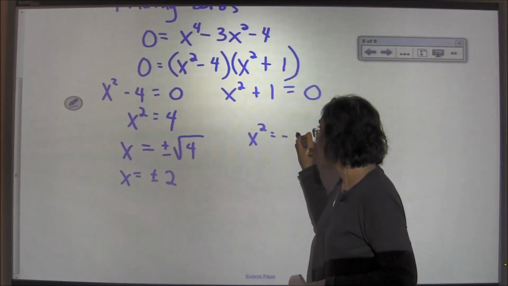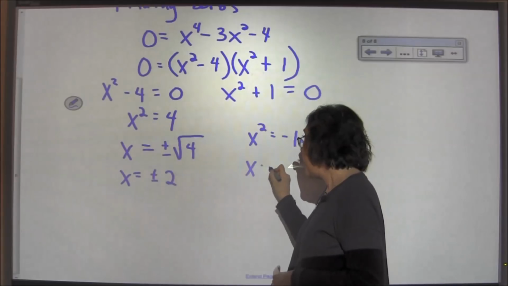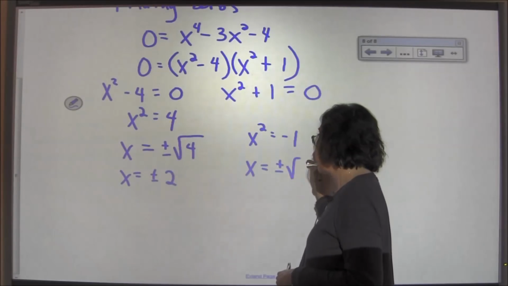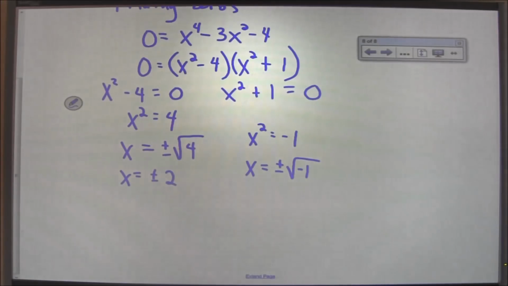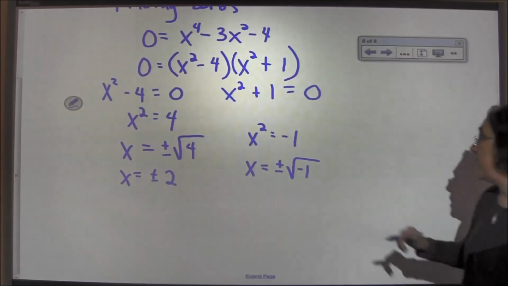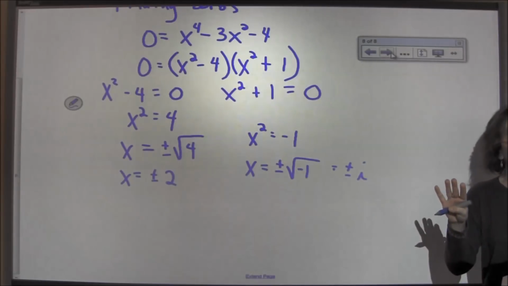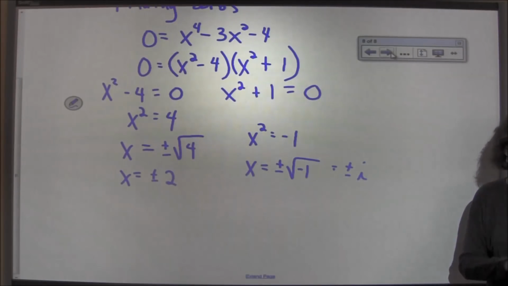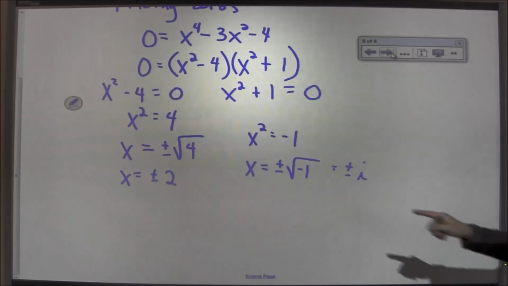If I subtract 1, I get x squared equals negative 1. And so x is plus or minus the square root of negative 1. But we simplify radicals. And how do we simplify the square root of negative 1? That's i. So we would say that's plus or minus i. So there actually are 4 solutions, or 4 zeros to that function. 2 of them would not be seen on a graph because they're not real. But if you graphed that function, you would see these 2.